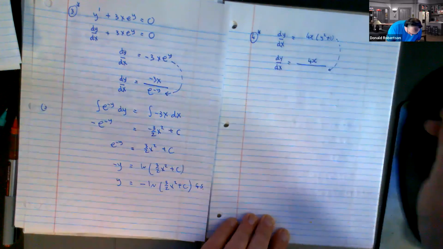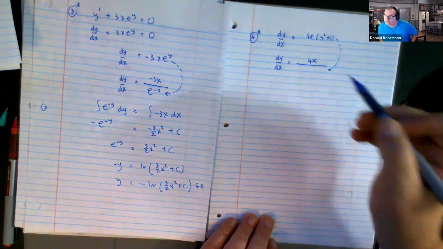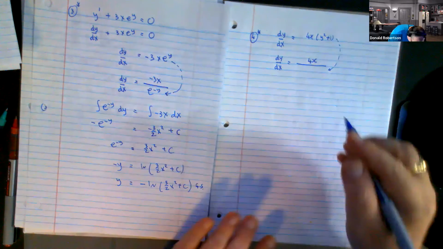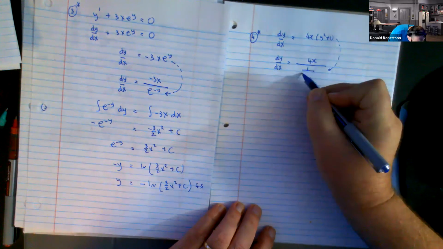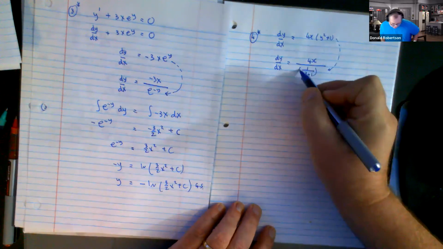You might think that I'm going to write y squared plus 1 to the power of negative 1, which would be algebraically correct, but I am not going to call it that. I'm going to call it that guy.